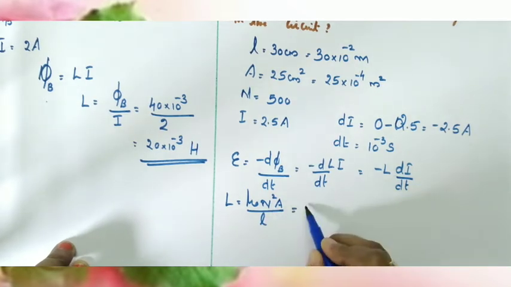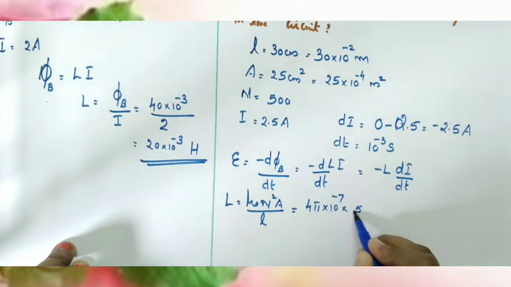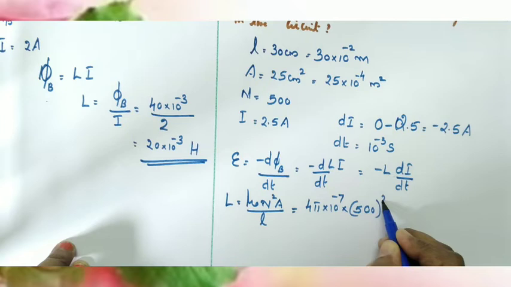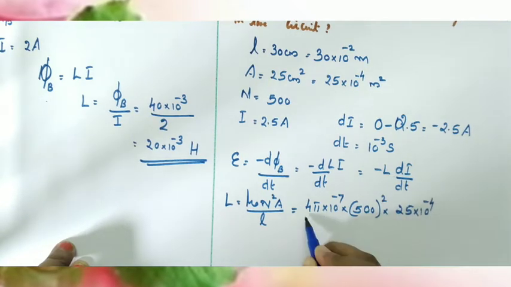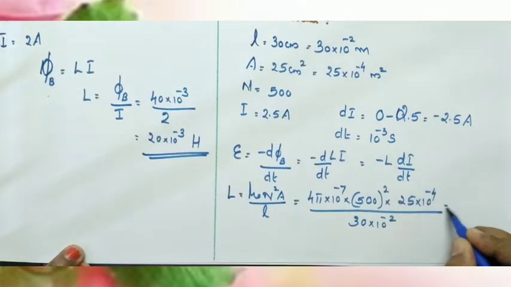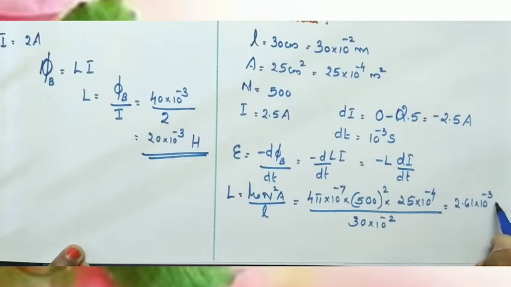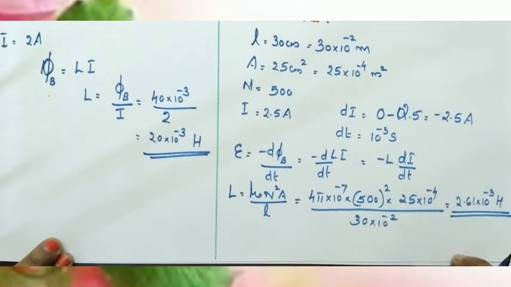We can substitute mu 0 as 4 pi into 10 raised to minus 7, number of turns 500 square, area of cross section 25 into 10 raised to minus 4, divided by the length, which is 30 into 10 raised to minus 2. After simplification, we will get the answer as 2.61 into 10 raised to minus 3 Henry. Self-inductance SI unit is Henry.